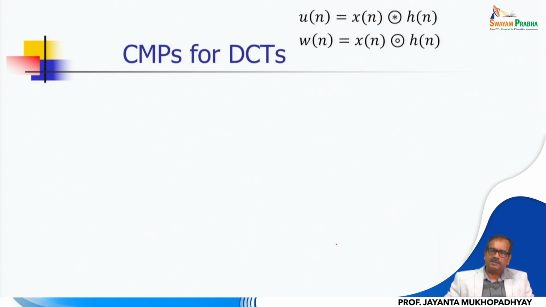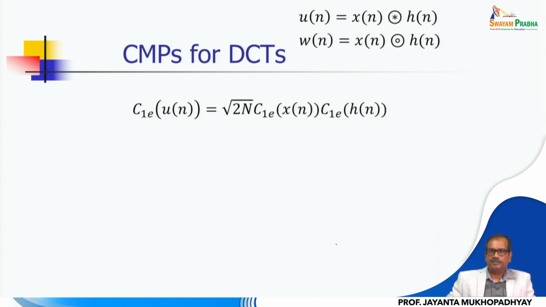For some DCTs and also DSTs, the convolution multiplication property holds for circular convolution, like type 2 DCT is one example. Similarly, for some DCTs and DSTs, the skew circular convolution property holds. This is one property, and this holding of the property is also a little tricky. It is not that the same transformation is used for both the cases.